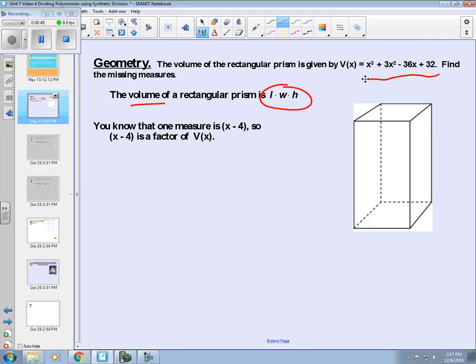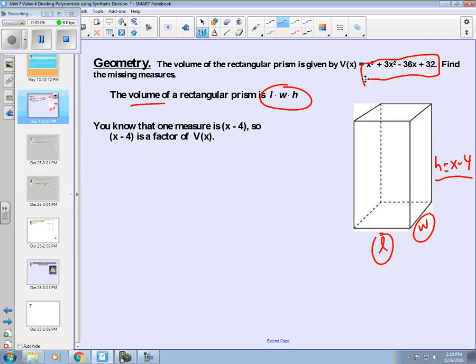So if we have our length and width and height here, if one of them is x minus 4, let's just say it's the height here, what are these other two going to be? Well, we would find it by dividing. So what we want to do is take this and divide by that one.